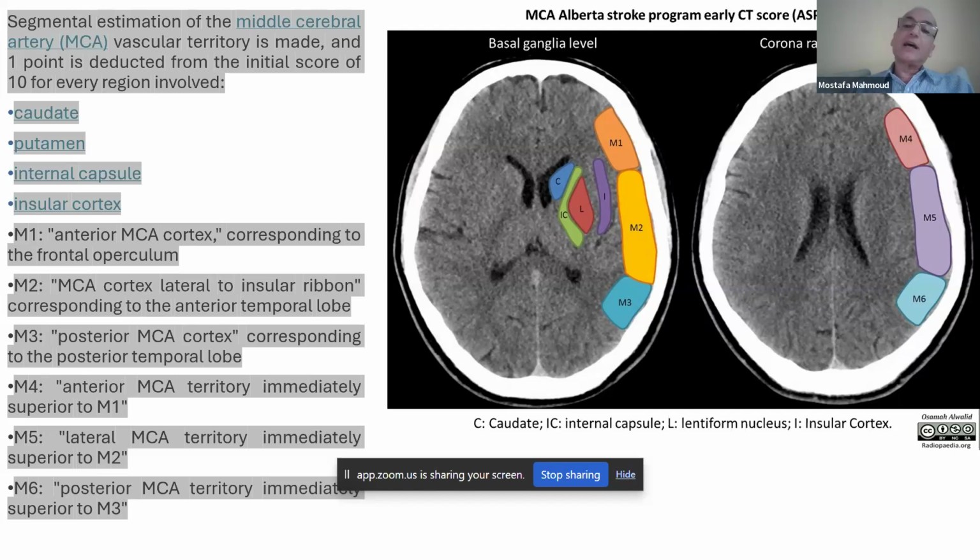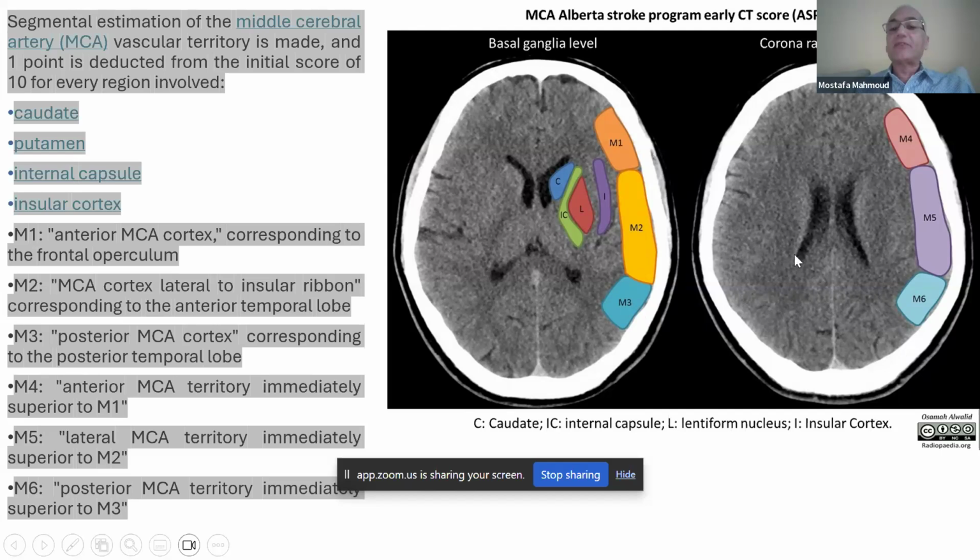Every part will take 1 point: the caudate nucleus, the lentiform nucleus, the internal capsule, the insula, and as you can see, M1 is the frontal part of the operculum, M2 is the anterior temporal lobe, then M3 is the posterior temporal lobe.